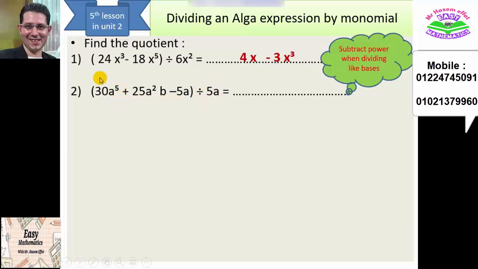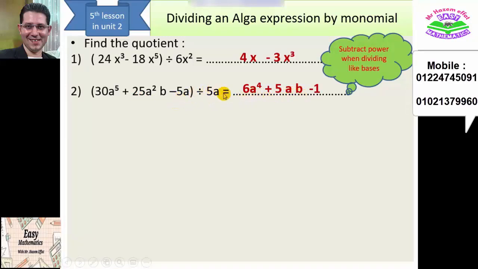Here also we divide each term by 5a, and when we divide like this, we must subtract the powers. So 30a^5 divided by 5a equals 6a^4, and 25a^2 divided by 5a equals 5a, and we write b as it is. It equals 5ab.